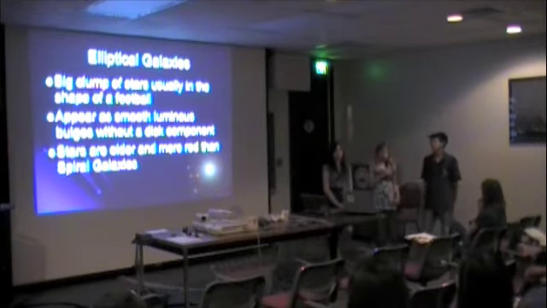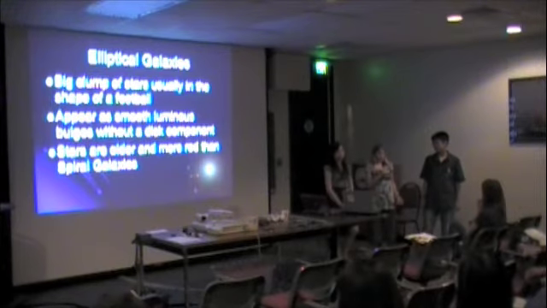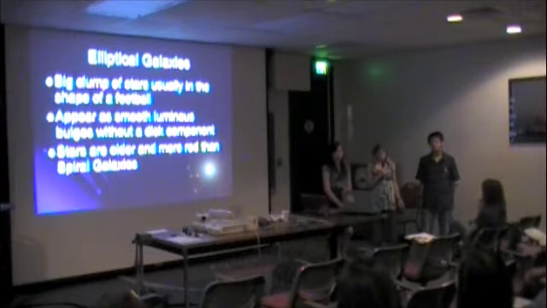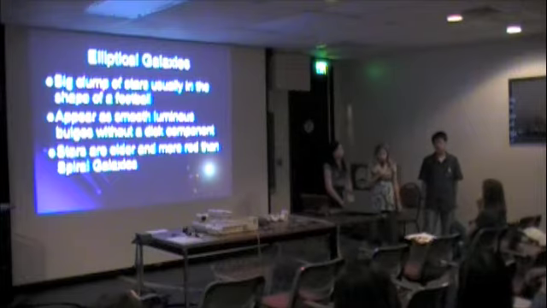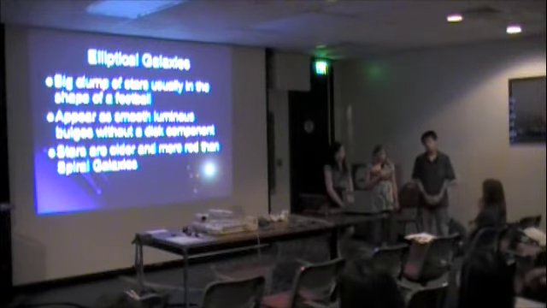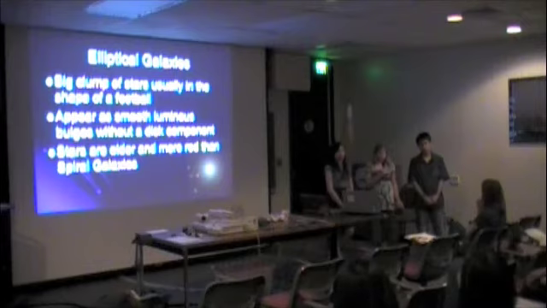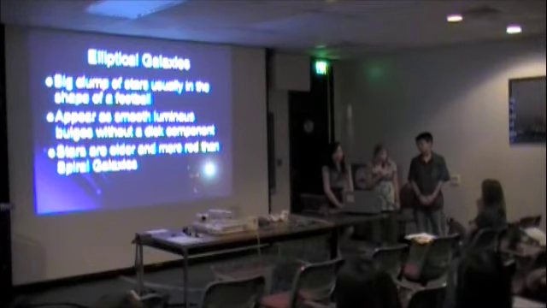So elliptical galaxies are older and more red because they don't have as many hot stars, and they don't have as much gas in them. So they are known as dead galaxies because they don't have any more gas for new star formation.